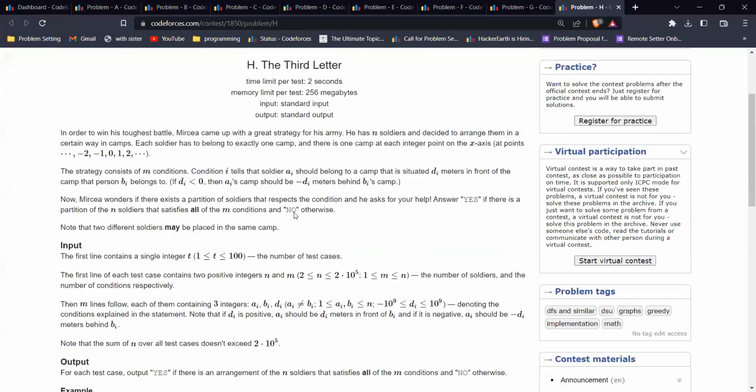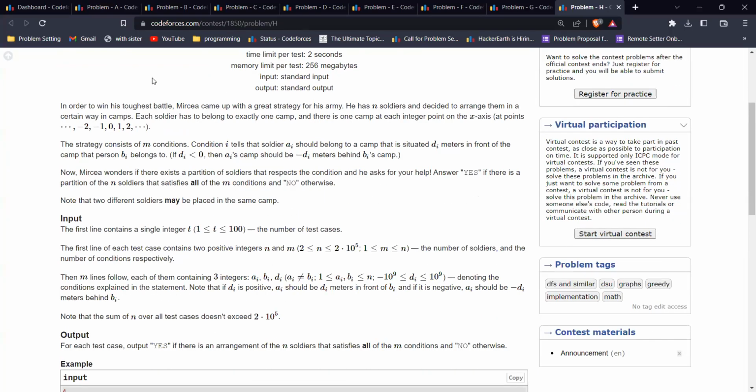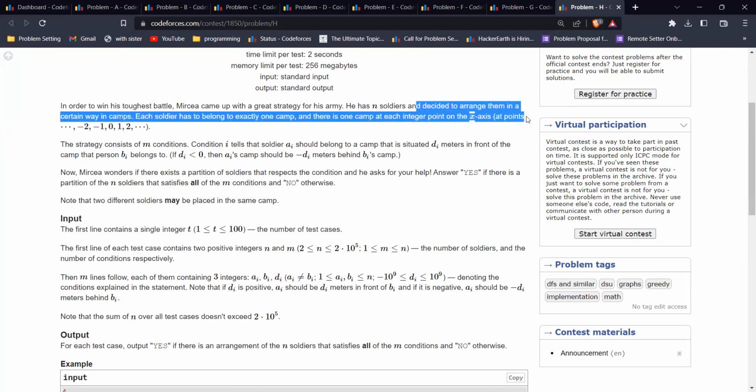So this is the last problem, and in this problem, we were given that in order to win his toughest battle, Mirkia came up with a great strategy for his army, and he has sent soldiers and decided to arrange them in a certain way in camps. Each soldier has to belong to exactly one camp, and there is one camp at each integer point on the x-axis.